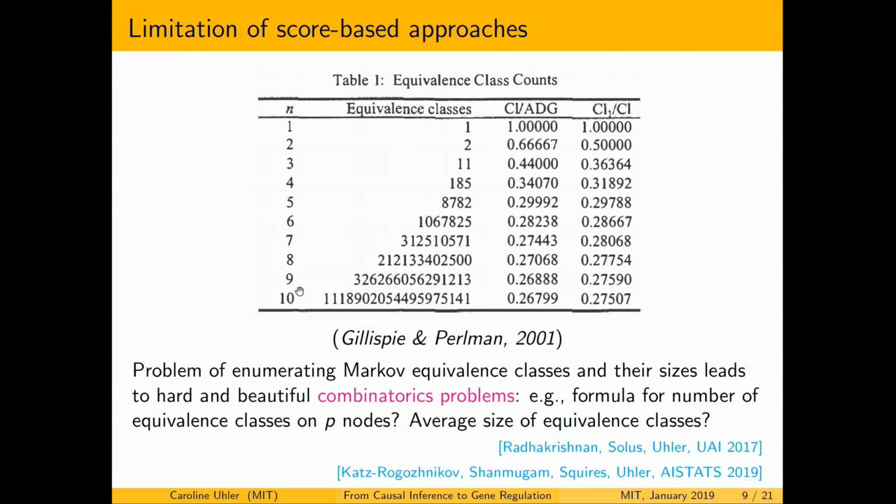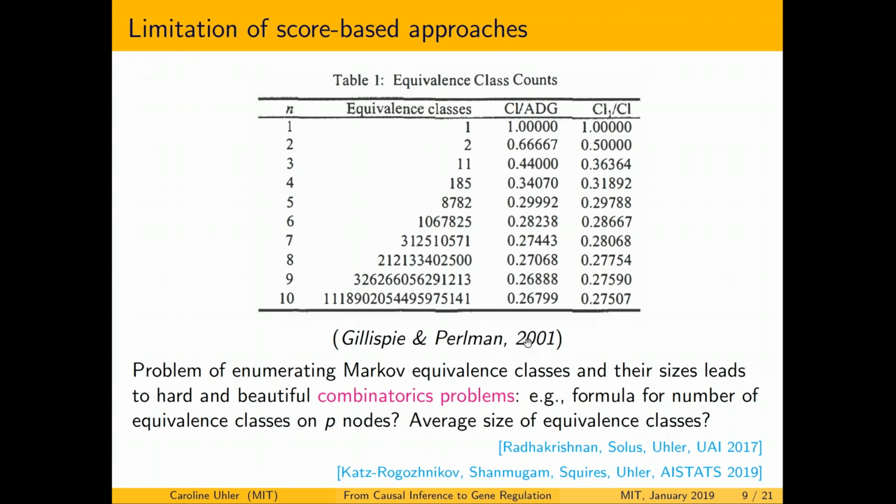But I think, without even looking at random graph models, it should be possible to at least get some recursive formula for the number of equivalence classes, similarly as there is a formula for the number of DAGs on P nodes, and also to prove something about these sequences would be very interesting. But this indicates that the space of equivalence classes is very large, and this might explain why these algorithms perform well when they do greedy search on the space of equivalence classes.